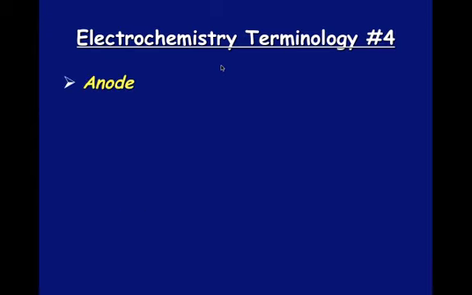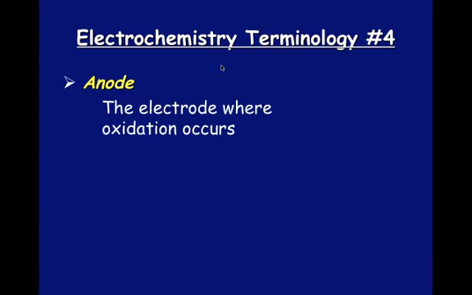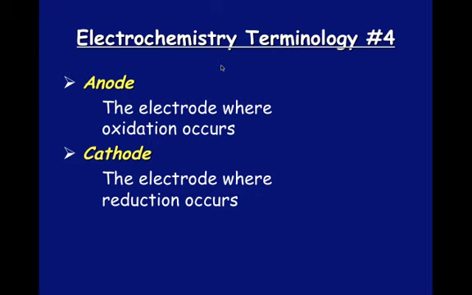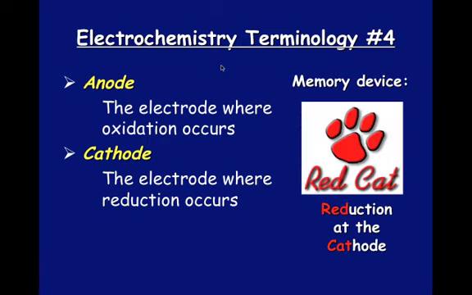And our last one is the anode. On a battery, the anode is the electrode where oxidation occurs, and the cathode is the place on a cell where reduction occurs. So a memory device to help remember the difference between anode and cathode is red cat. Reduction happens at the cathode.